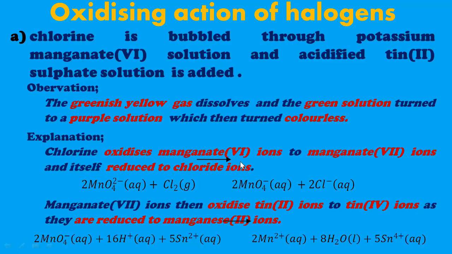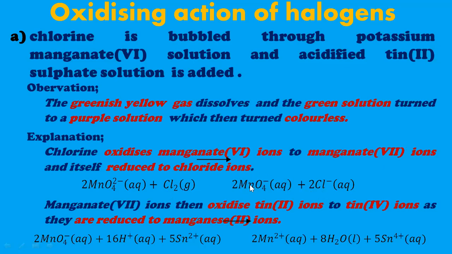Chlorine oxidizes manganate 6 ions to manganate 7 ions, and is self-reduced to chloride ions. So the chlorine gas is here oxidizing the manganate 6. Calculate the oxidation state of manganese here: it is +6. This is manganate 7. The chlorine is being reduced to chloride ions.